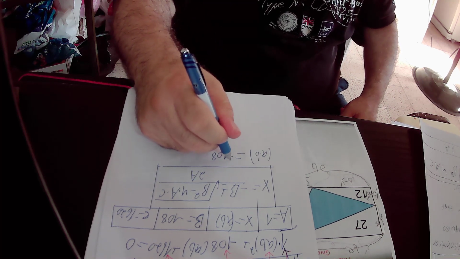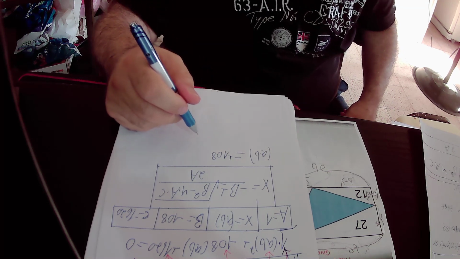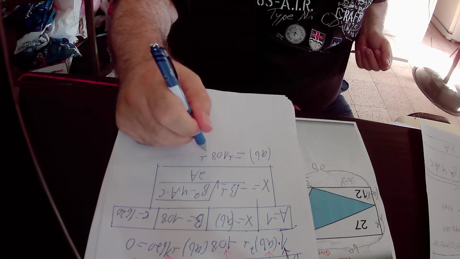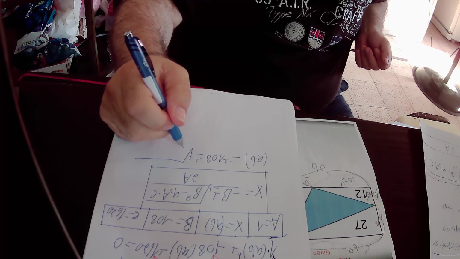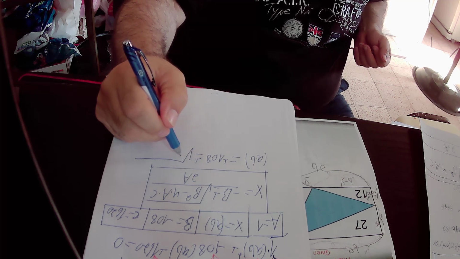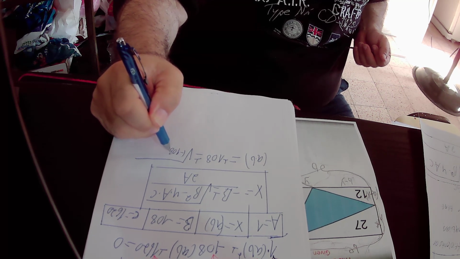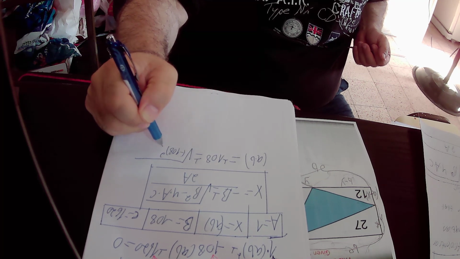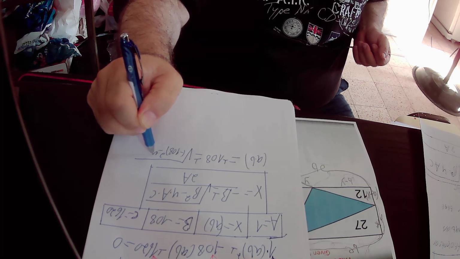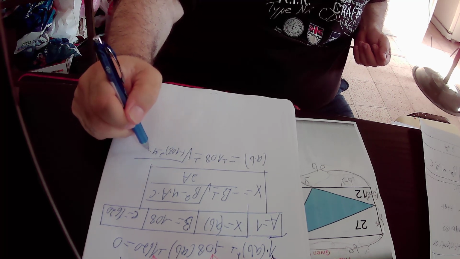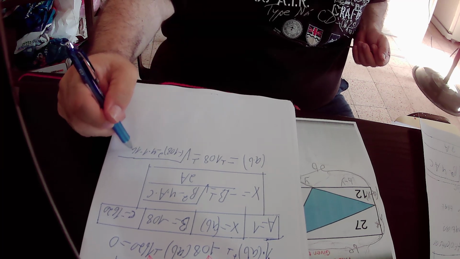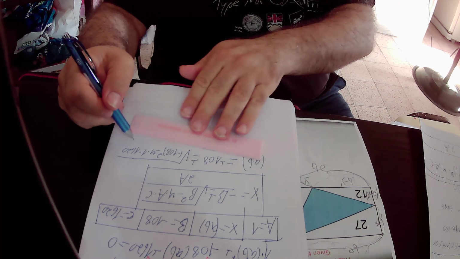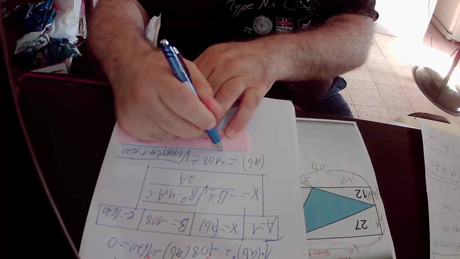Plus or minus the root of b squared, so b squared is negative 108 squared, minus 4 times a, which is 1, times c, which is 1620, all divided by 2 times a, which is 1, so 2 times 1.